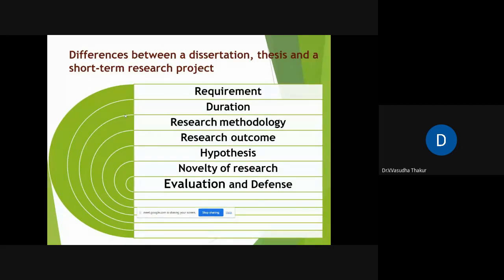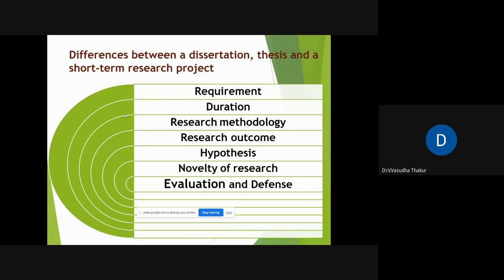Requirement: a dissertation and thesis are required for scholars to be submitted at the universities, whereas research articles or short term projects are submitted to the institutes that are funding the current project. Duration: the duration of thesis and dissertation is about 3+ years, whereas short-term projects are as low as 6 months to 1 year.